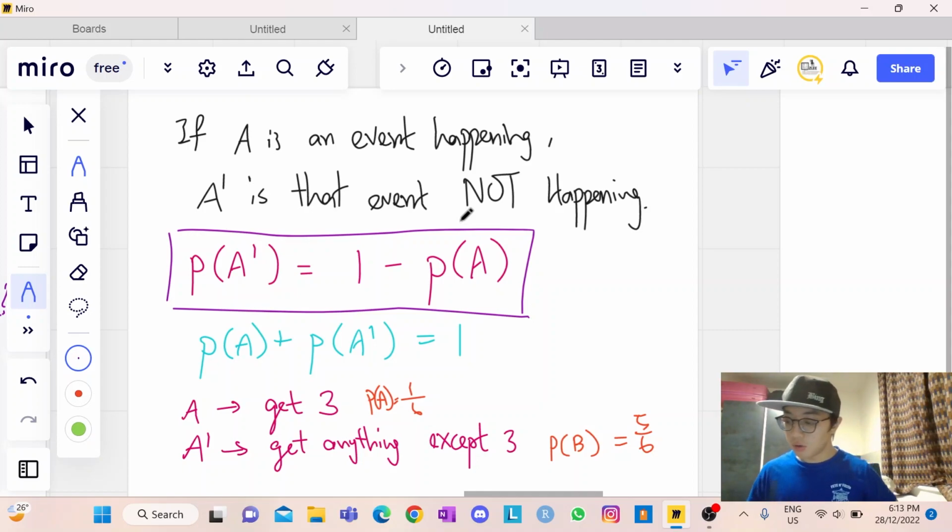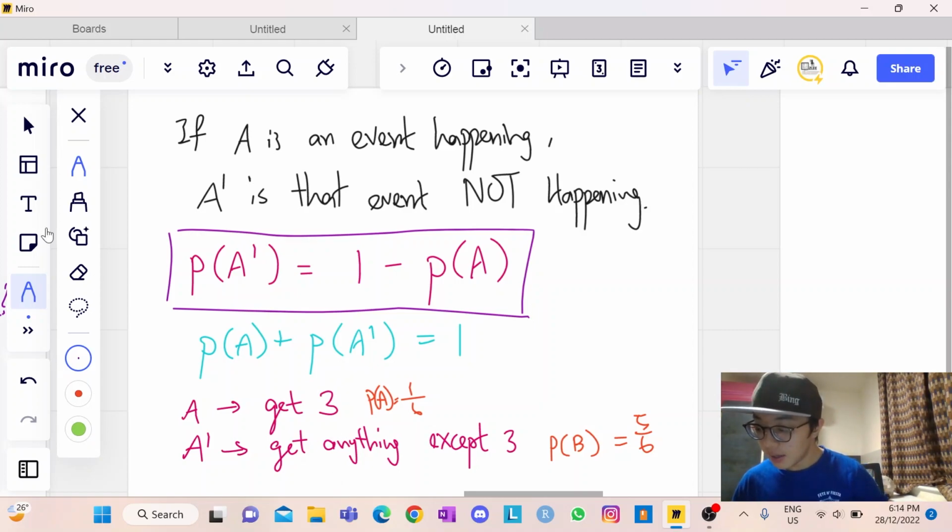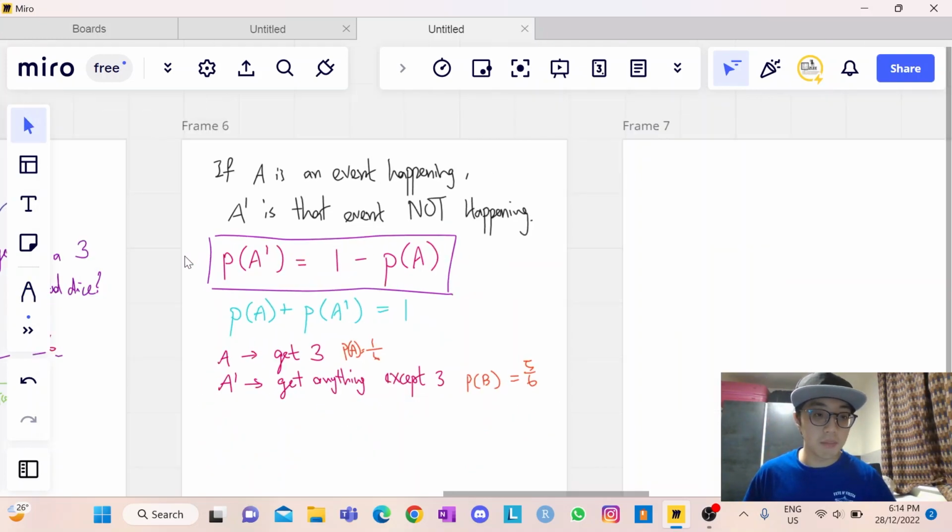Hope you get a gist of what this complement means. This is the formula of a complement: 1, which is certain, minus the probability of A. So yeah, this is all about the complement.